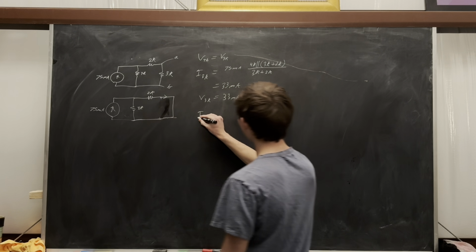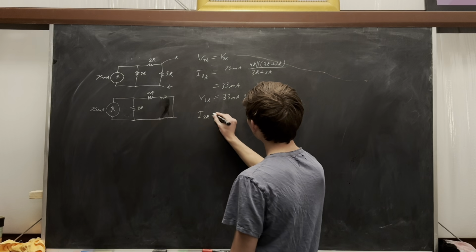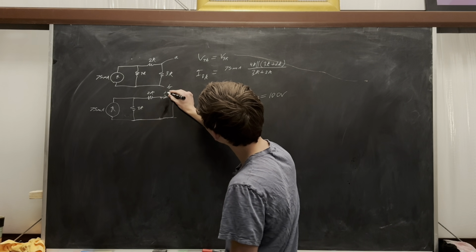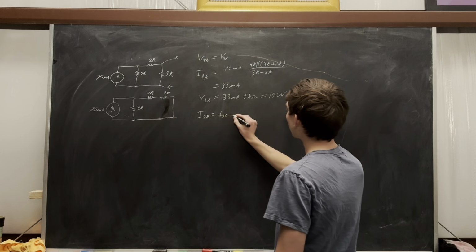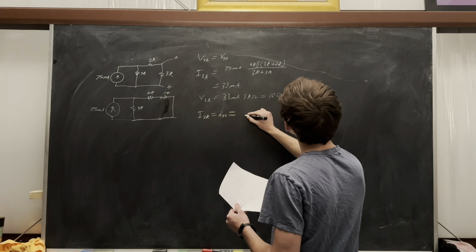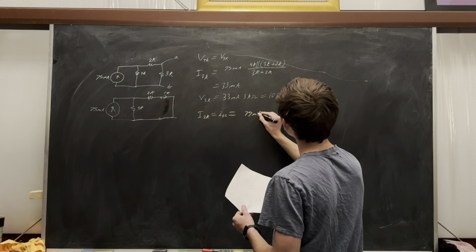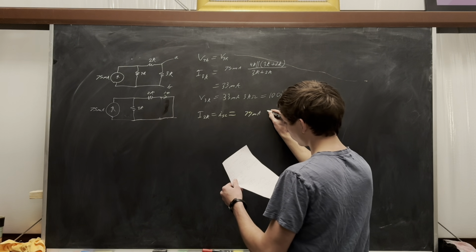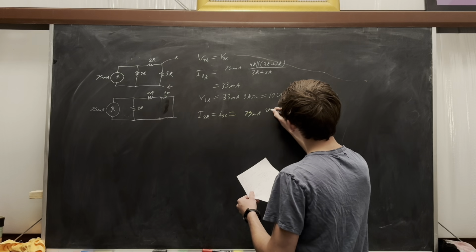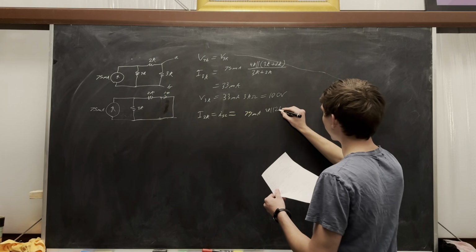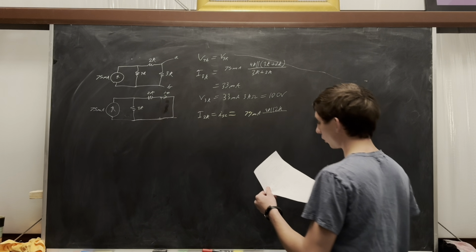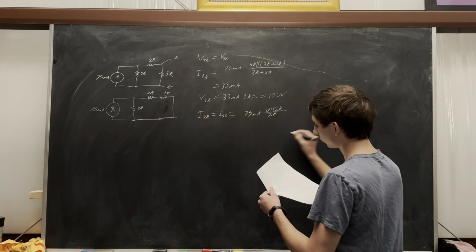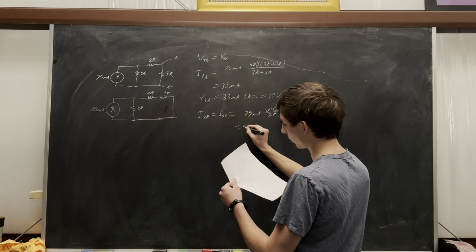So I-short circuit is going to be 75 milliamps times 4K in parallel with 2K over 2K, which is just 50 milliamps.